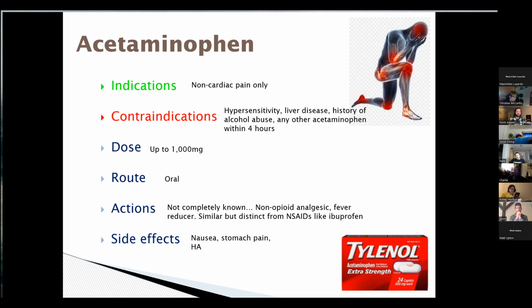So we can complete up to 1,000 after 4 hours. If they have taken 500 milligrams, we can give them another 500 after 4 hours, completing that 1,000. That 1,000 is for 24 hours. We want to give their body time to process the first 500. But for the first dose, we can give up to a whole 1,000 in one go.